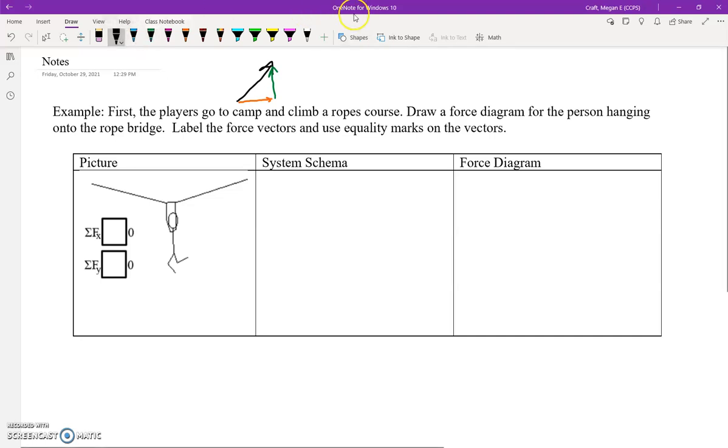Earlier, we had been doing force diagrams that were either to the right and left, so we could add those forces together, or the forces were up and down, so we could add those forces together. But we're going to start seeing forces that go both right and up, or left and up, or down and right, etc. And we can't add those forces conventionally.